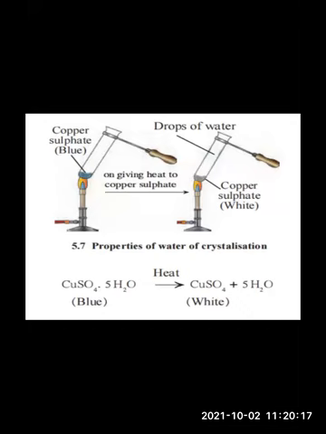But on heating blue vitriol, there is loss of water molecules, and due to this, the blue color will vanish due to breaking down of the crystal structure. So on adding water, the blue vitriol regains its blue color. And so what can we say about these changes?